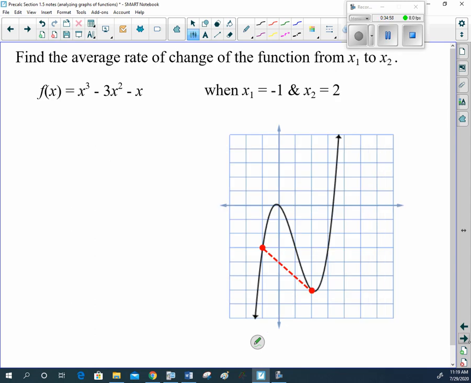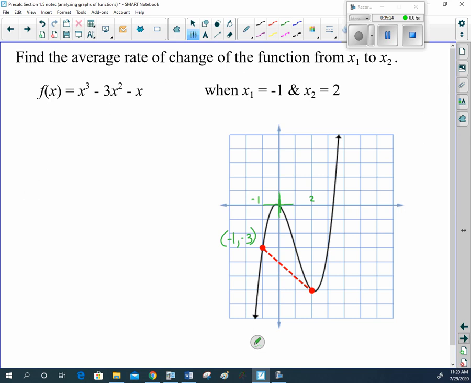This one right here, find the average rate of change of the function from x1 to x2. I gave you a picture right here, and it's kind of hard to tell where 0, 0 is. Here's 0, 0. So this is -1, and this is +2. If I come down here, this point right here is -1, -3.